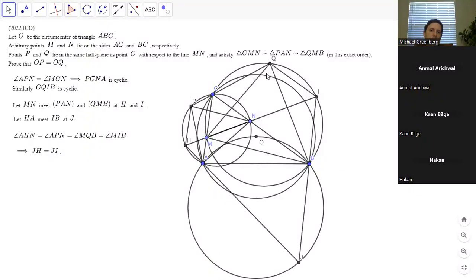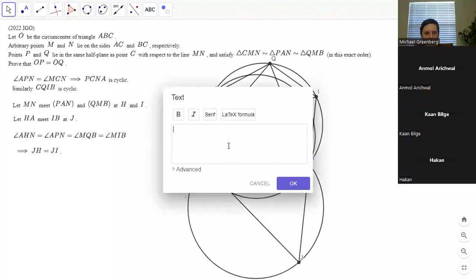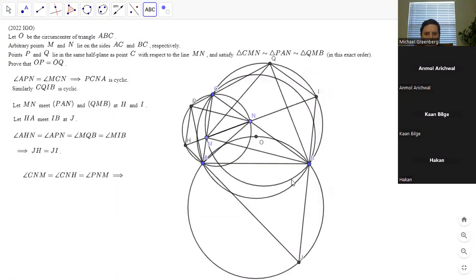There's probably an easier way to say this, but angle CNH is CNM, which is PNA.